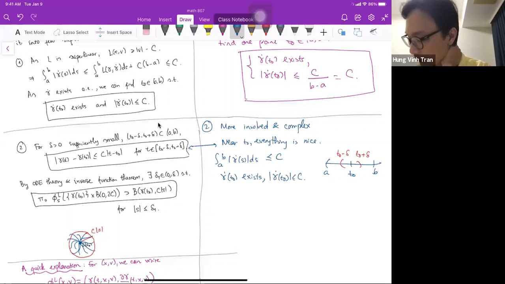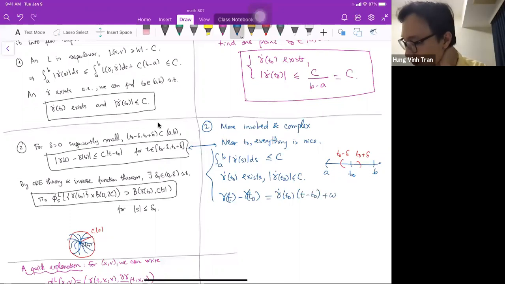Okay. So there are different ways to handle this, but what you can use is just the Taylor expansion, right? So you have gamma t minus gamma t naught equals gamma dot of t naught times t minus t naught, plus some omega of t minus t naught multiplied with the length of t minus t naught.